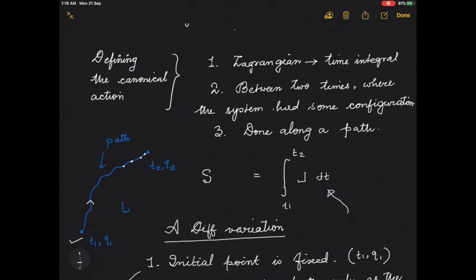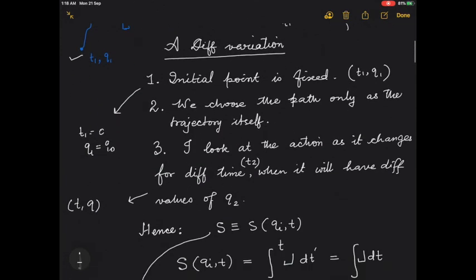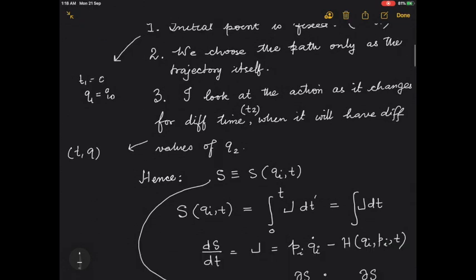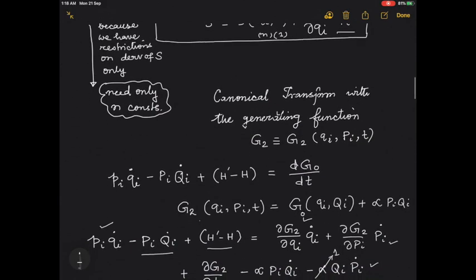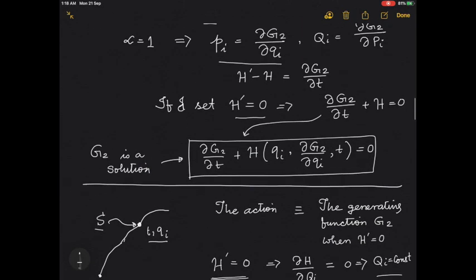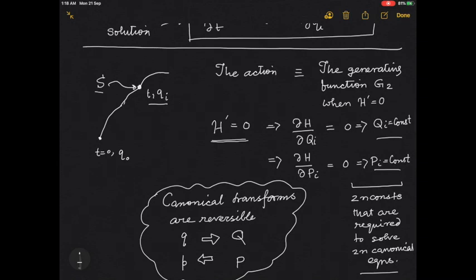Okay, so what we have learned today is that we started with the canonical action, and then we changed the definition of the action a little bit. The variation of the action was the same, but the variation we changed a little bit, from where we got these equations. And then we realized that using the generating function G2, I can also get the exact same equation if I assume that the final Hamiltonian is 0.